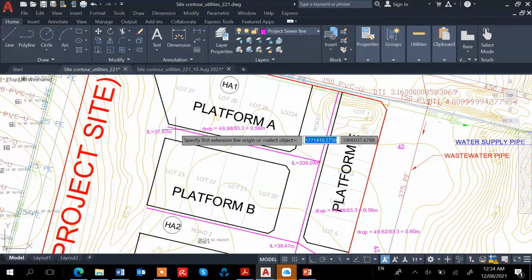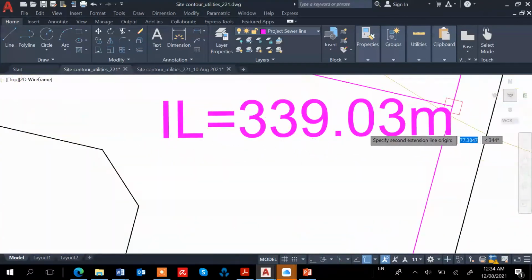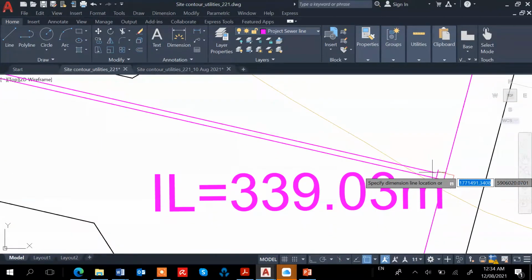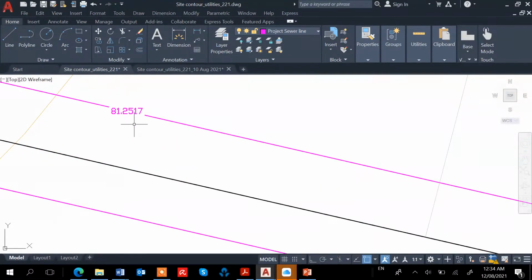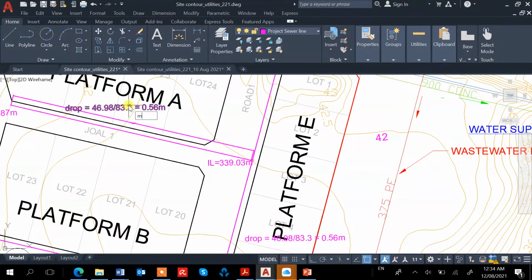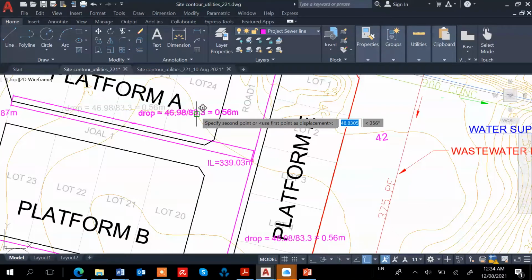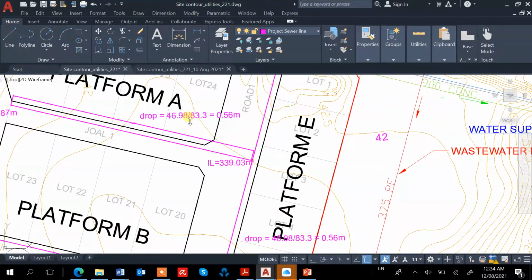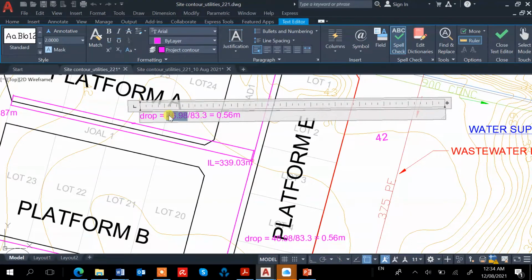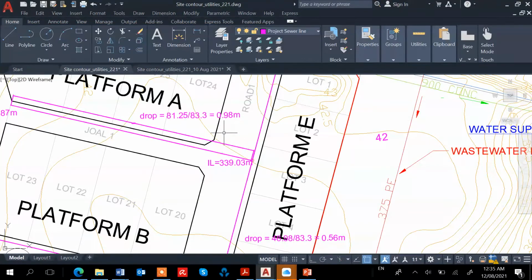So we measure from the end, let's say to the edge of the manhole, which is 81.25. 81.25 divided by 83.3 gives 0.975, let's say 0.98. So there's a drop of 0.98.